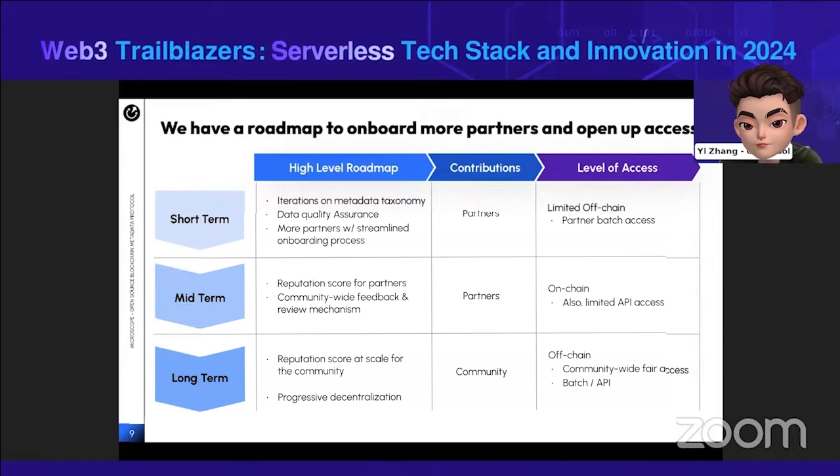onboard new partners. And in the near or long-term future, I think we will scale up our contributors. Right now, it's more like 3 to 5 partners, all of them with arguably a good reputation in the crypto industry. In the long run, we want to introduce more, since there are a bunch of teams with a decent amount of data, and we want to invite them to join us.